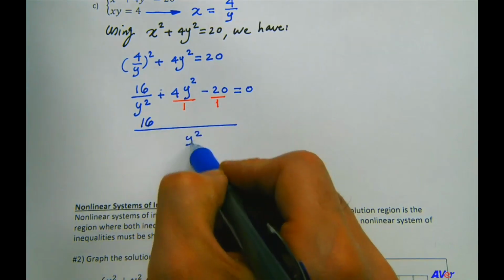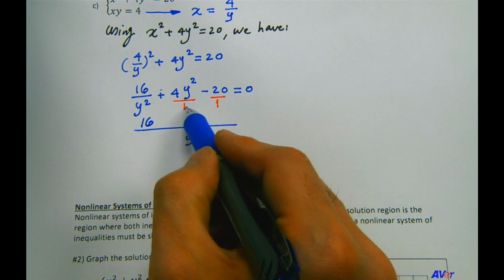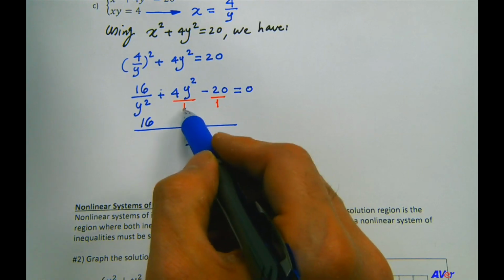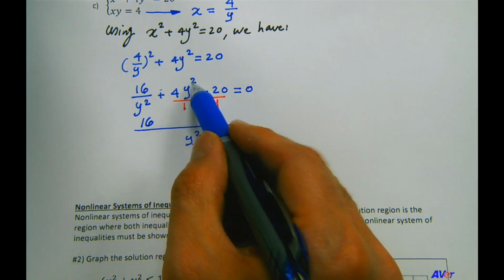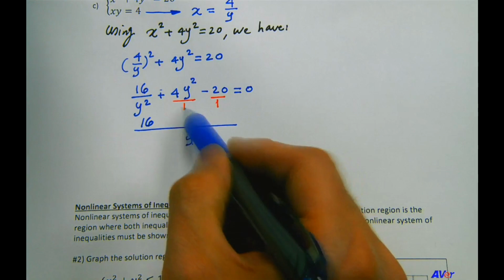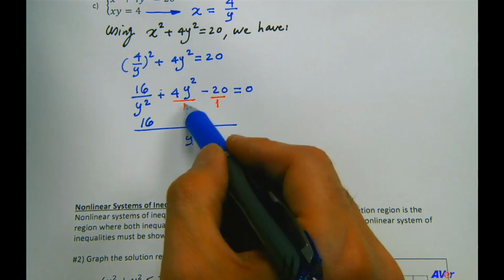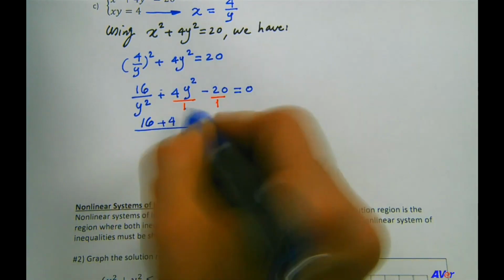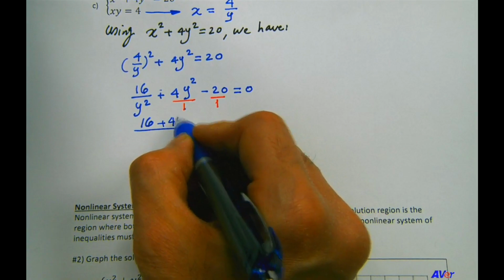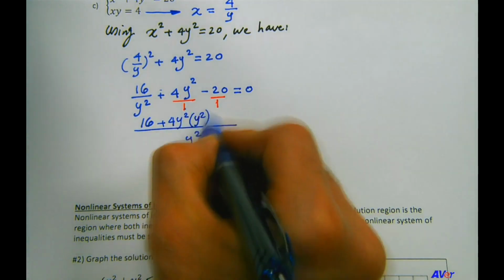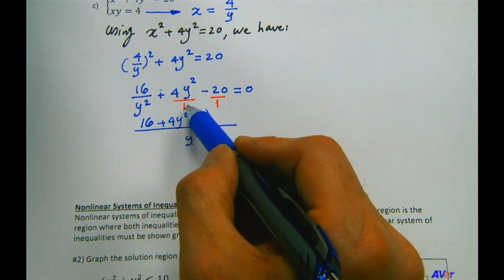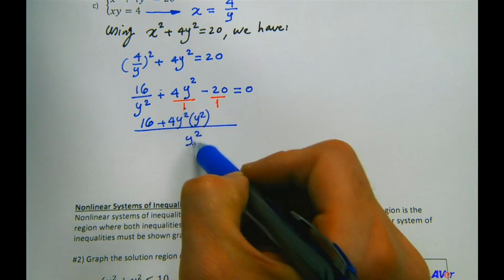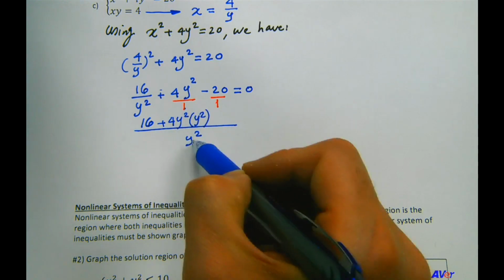Now, compare this with this. Is there anything missing? Yes, y squared is missing, right? So multiply the numerator, which is 4y squared, by the missing part from the common denominator. So y squared times 4y squared, plus 4y squared times y squared. Okay, so I multiplied 4y squared by what was missing from its denominator when compared to the common denominator, which is y squared.